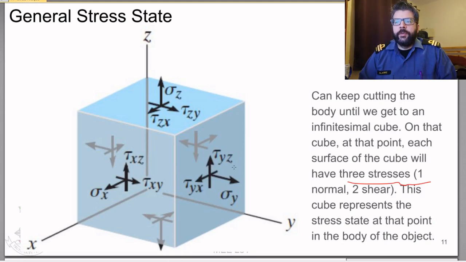Each face of the cube will have three stresses. They'll have one normal stress, and they'll have two shear stresses. All of those acting perpendicular to one another. And that cube represents the stress state at that point.